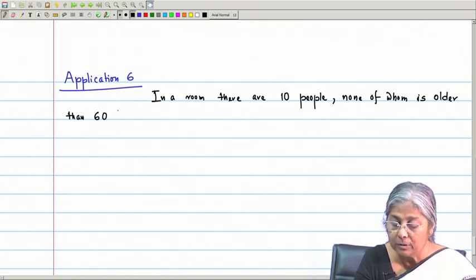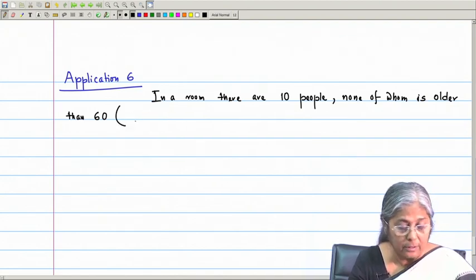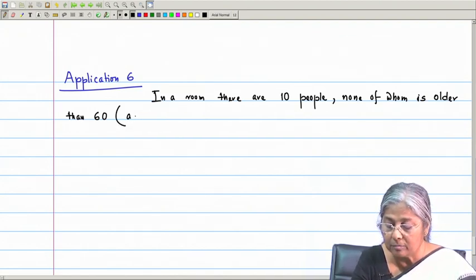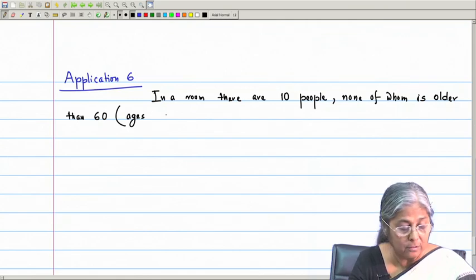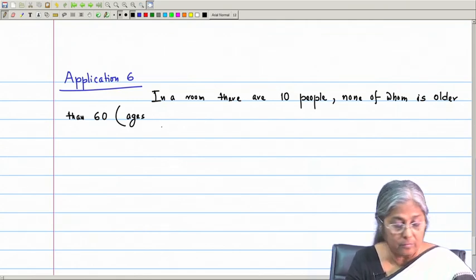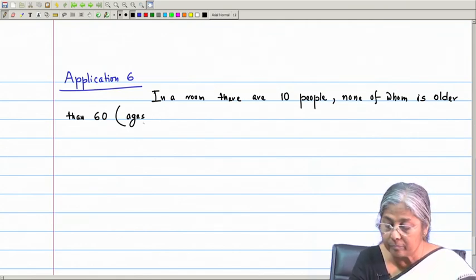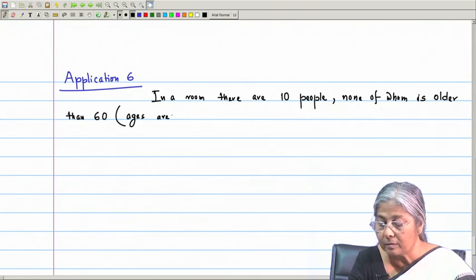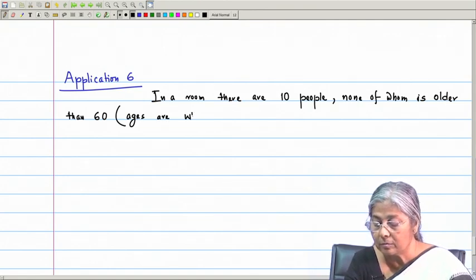And we assume that ages are whole numbers.